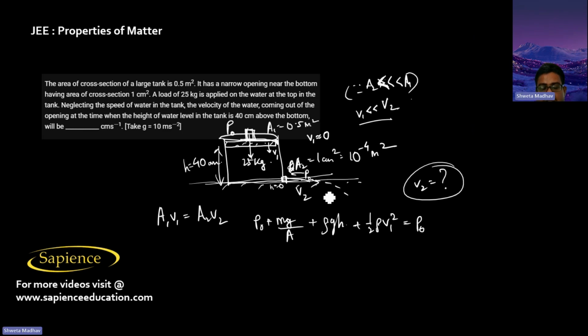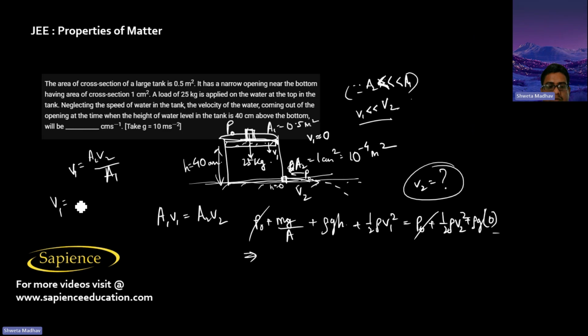So P naught plus half rho V2 square plus rho g into H, that is 0. So P naught and P naught will get cancelled. And V1 we can say is A2 V2 by A1 also.